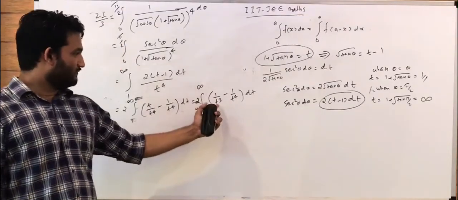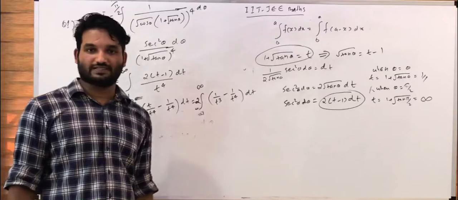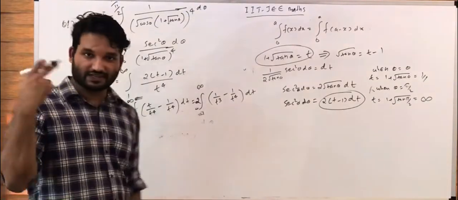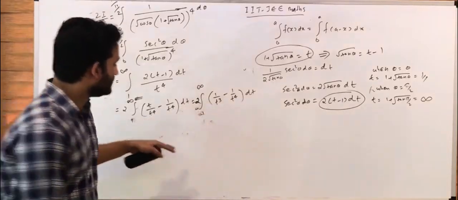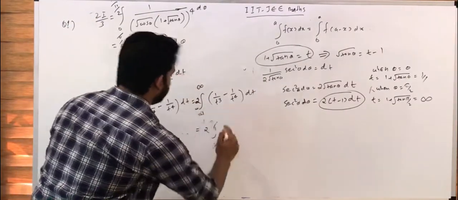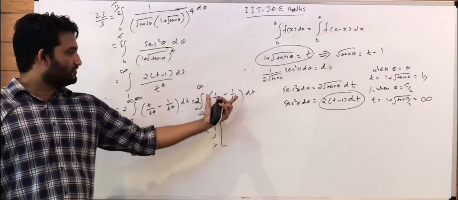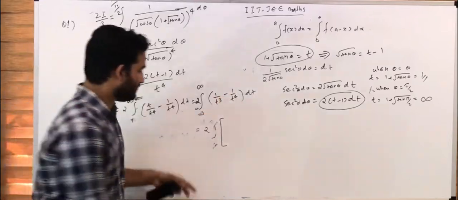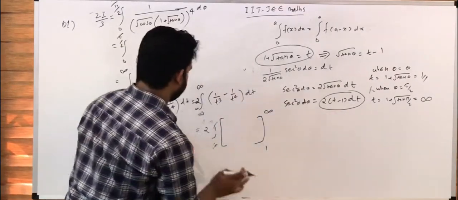So this is in the form of a standard form. We know t raised to minus 3. We can integrate easily using the formula integral of x raised to n is equal to x raised to n plus 1 divided by n plus 1. We use that formula and solve, and we also know the definite integral is equal to f of b minus f of a. So this is 1 to infinity.